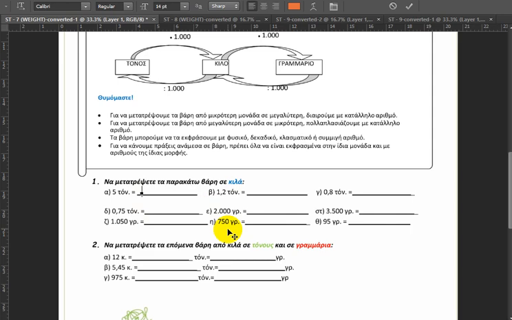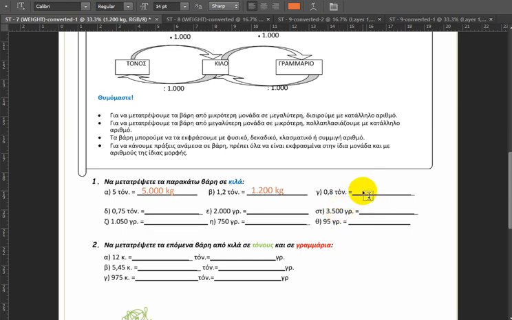5 tons into kilograms means times 1,000, so that would be 5,000 kilograms. 1.2 tons times 1,000 would give me 1,200 kilograms.